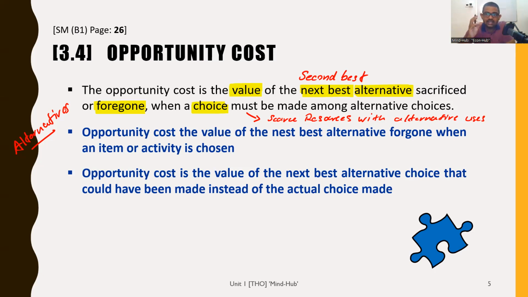When you face an essential trade-off, to get one thing you have to give up something else. Out of the things you give up, which we call the alternatives, there is the best alternative, the second best, the next best alternative. The simple meaning of all that: if you didn't choose what you chose, what would you have done? What is the next thing you would have done? The value of that alternative is your opportunity cost. Is it clear? Are we okay?